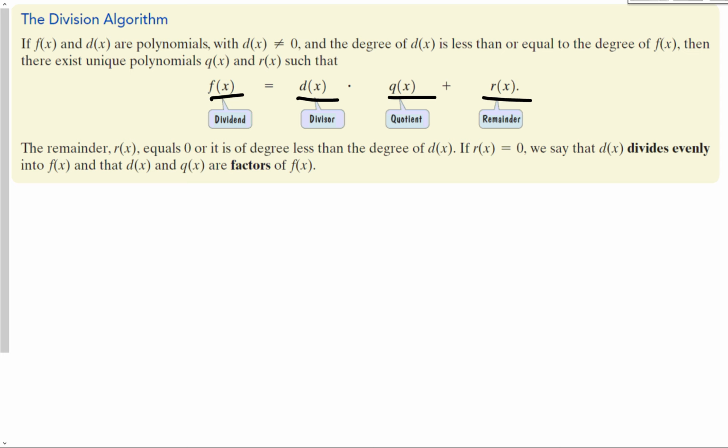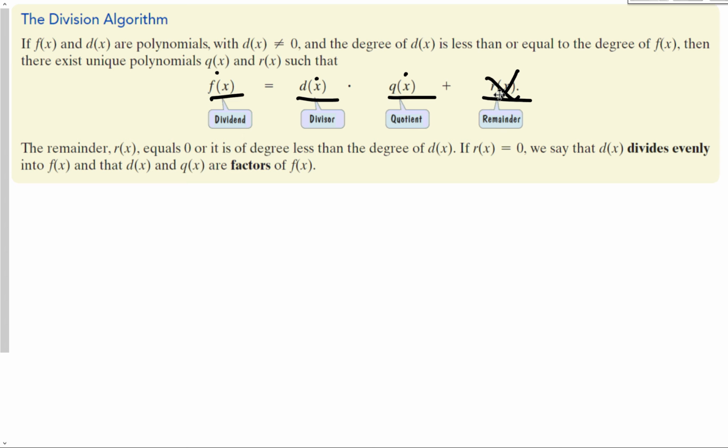If the remainder is 0, or if its degree is less than the degree of d of x, then we can say it divides evenly into f of x, and that d and q are factors of that.